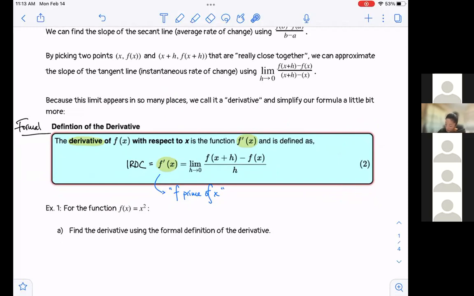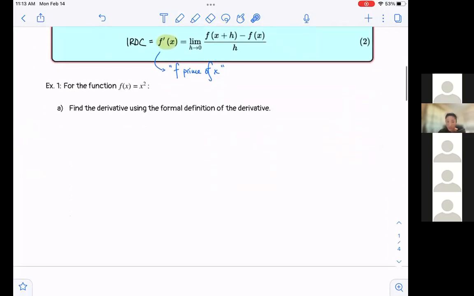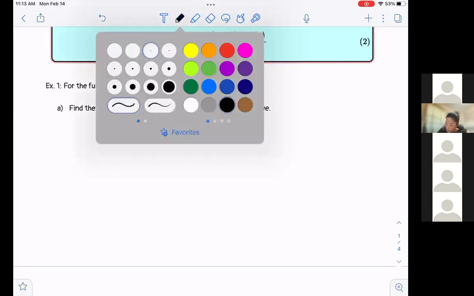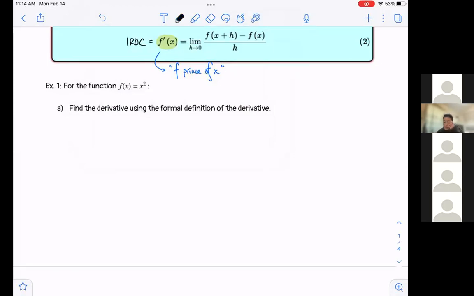All right, so let's start with an example, okay? In example 1, we're looking at the function f of x equals x squared. Part A says find the derivative using the formal definition of the derivative. What that means is I want us to use this to answer our question.